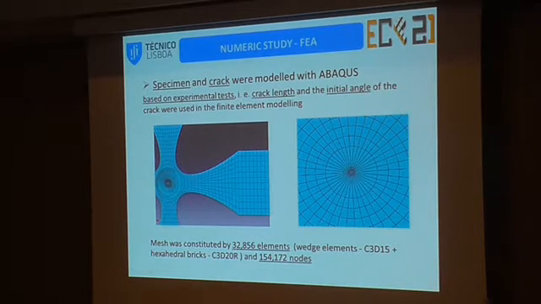We can design our crack, its orientation, apply the boundary conditions and the loading conditions, and in this way obtain the stress intensity factors. These are the number and type of elements and the number of nodes that we have used.